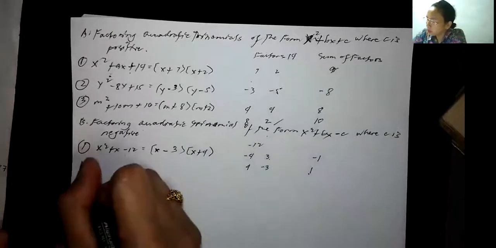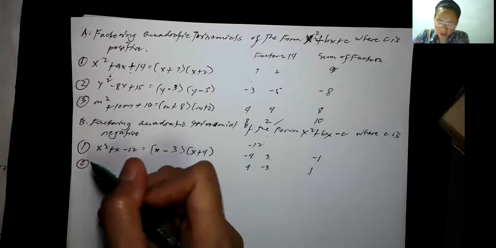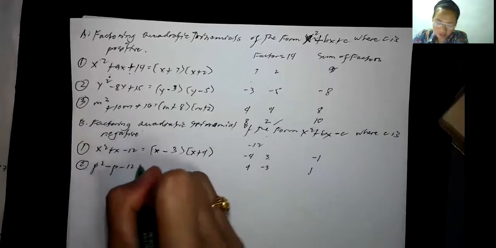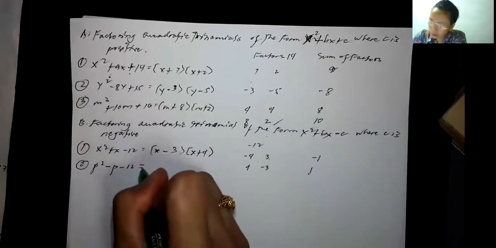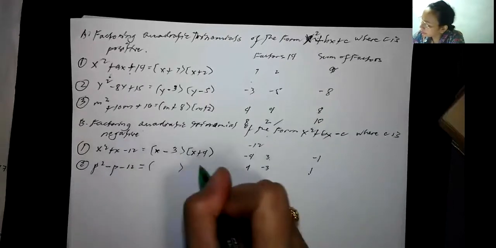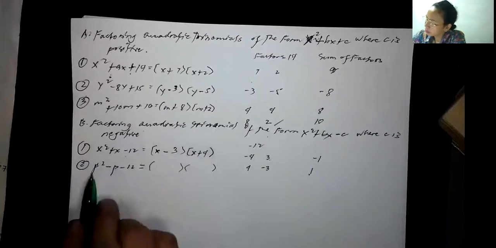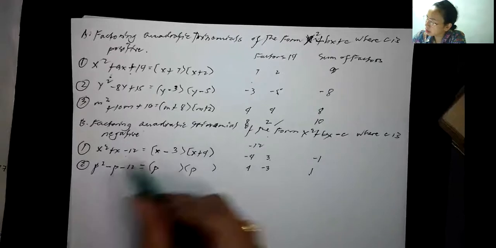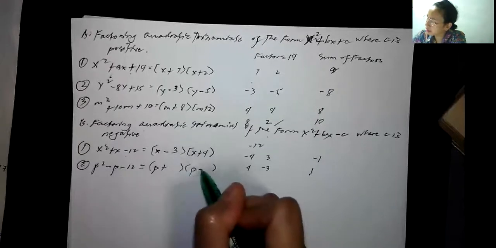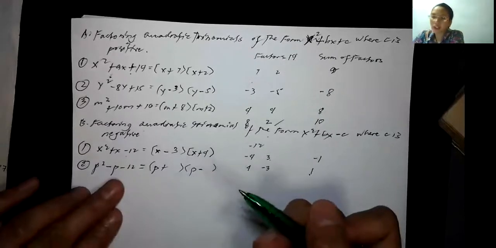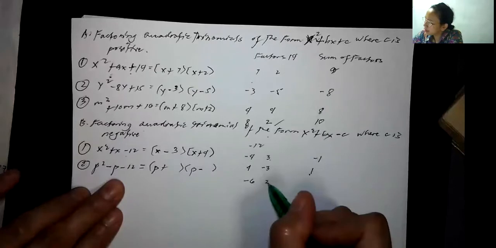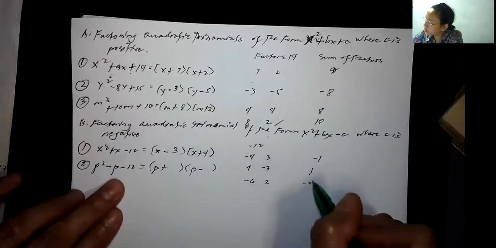Another example. Suppose we have here p squared minus p minus 12. So again, the factor of p squared is p, and since they are both negative, one positive, one negative. So for the factors of negative 12, let's say we have here negative 6 and positive 2, it gives us a sum of negative 4.